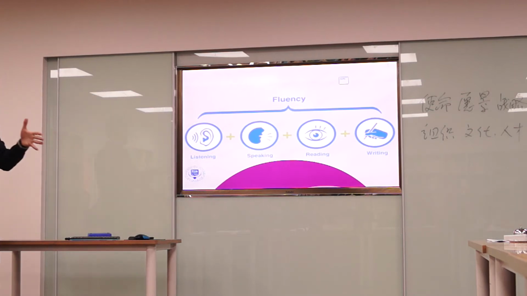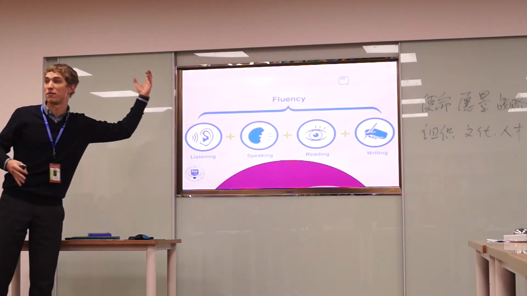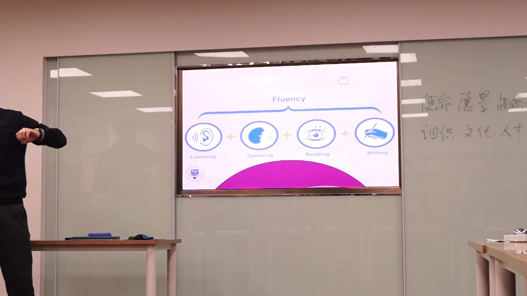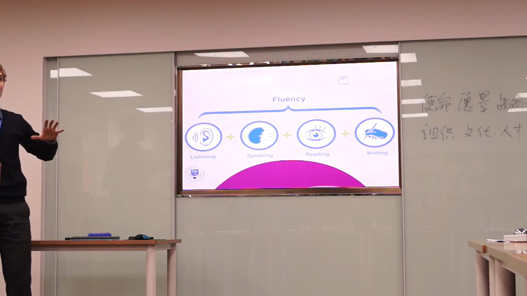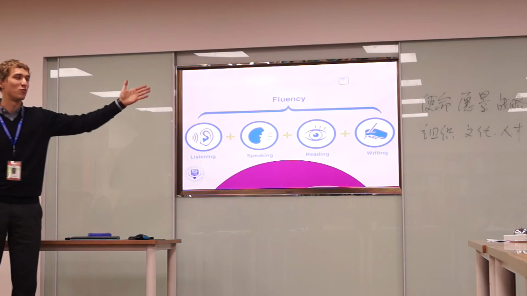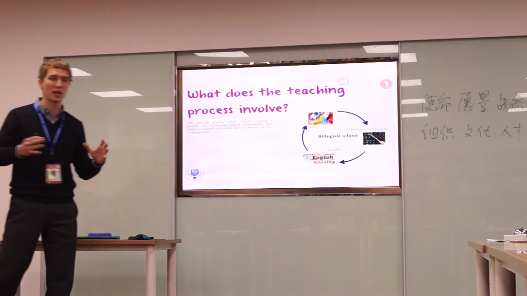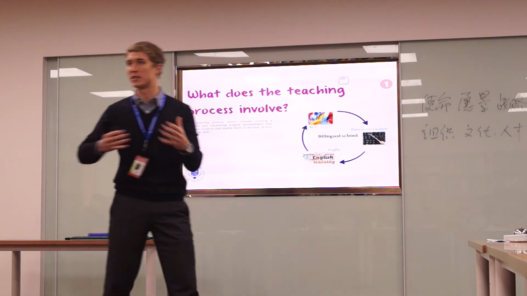Once students master these four components, that leads to fluency. Fluency means they can use the language, fully using all four components: listening, speaking, reading, and writing. So that's, in a nutshell, what our bilingual program is about.